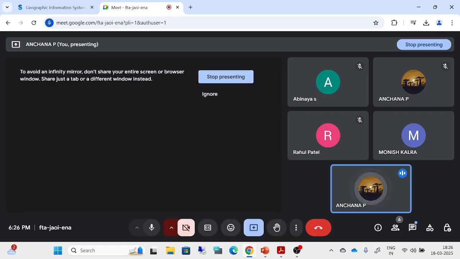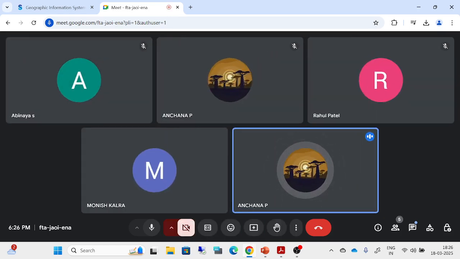Just give me 2 minutes. I'm actually using two screens, so I think the screen that I'm recording on is not recording the presentation.